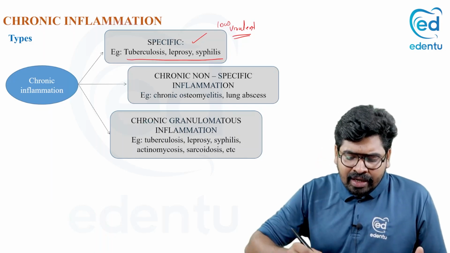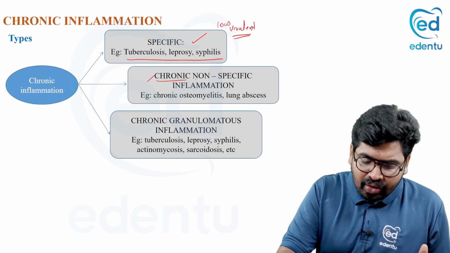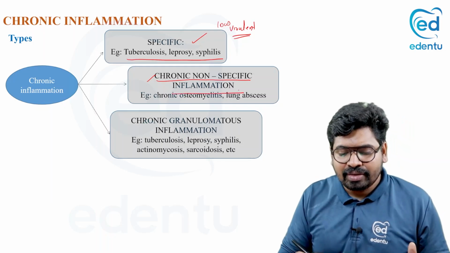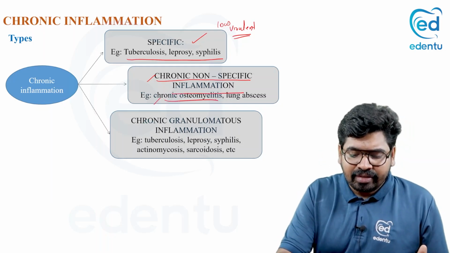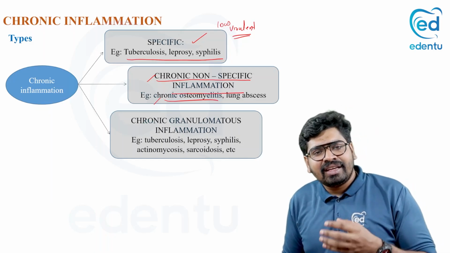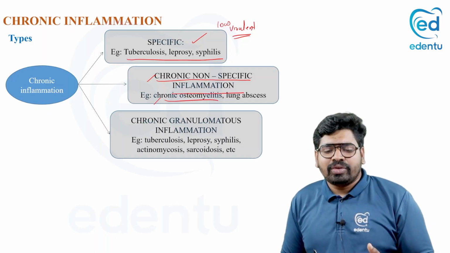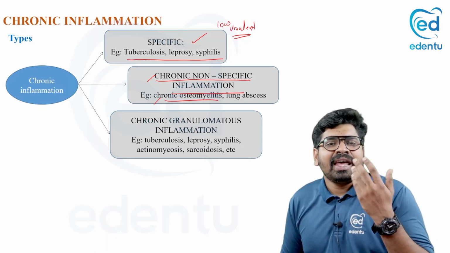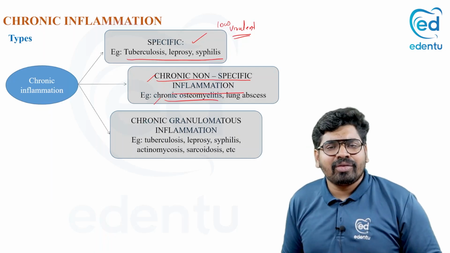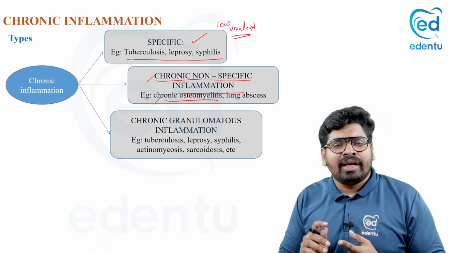They are very specific. Now there is another type called chronic non-specific inflammation, such as chronic osteomyelitis. It is not due to a specific bacteria. Osteomyelitis is just an inflammation or infection of the bone. This infection can be caused by any cause: a fungus, a bacteria, anything.